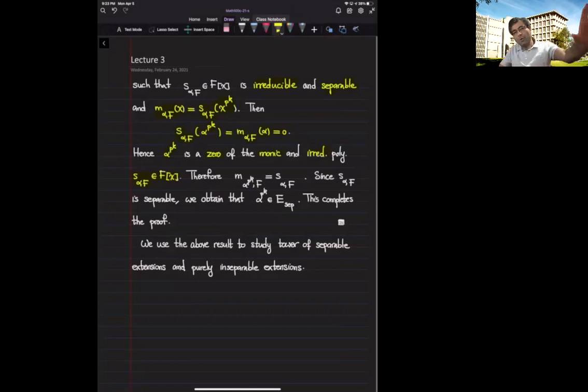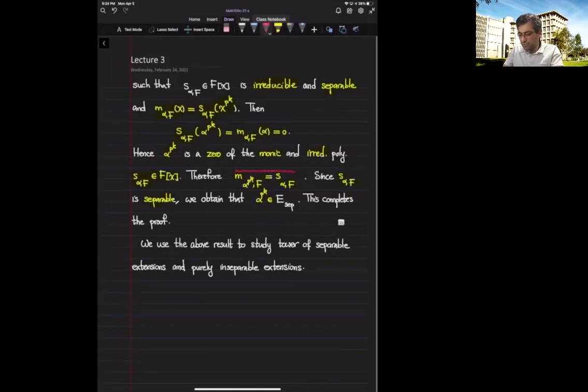We know that when I give you a monic irreducible polynomial and a zero of it, then this monic irreducible polynomial is the minimal polynomial of this element. So the minimal polynomial of alpha raised to the power p to the k over F is this polynomial S sub alpha comma F. But S sub alpha comma F is a separable polynomial, which implies that alpha raised to the power p to the k has a minimal polynomial that is separable.